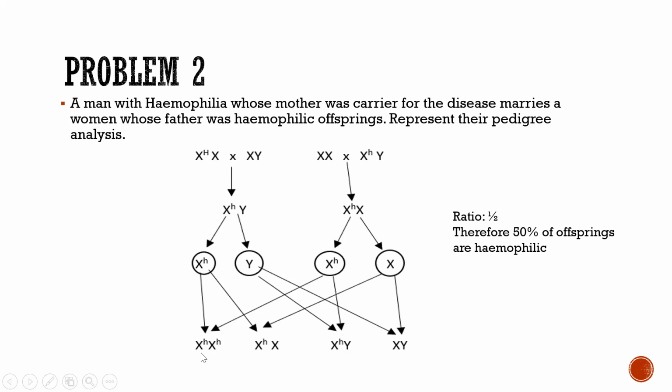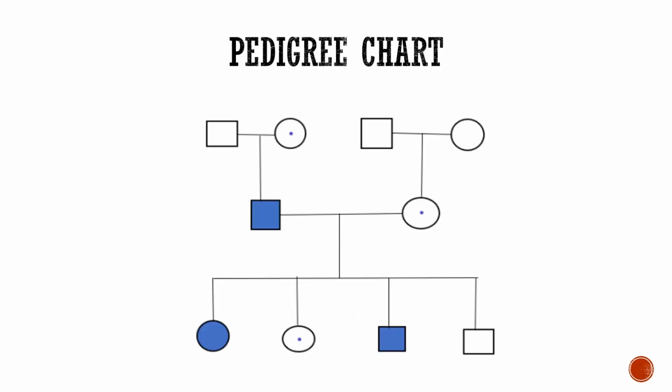So this is how we will be able to solve the genetic disorders and find what type of offsprings will be produced. With the help of this, we will be able to draw the pedigree chart. This is the pedigree chart for this problem, where the male is affected, whose mother is a carrier.